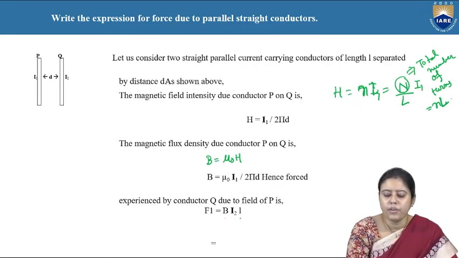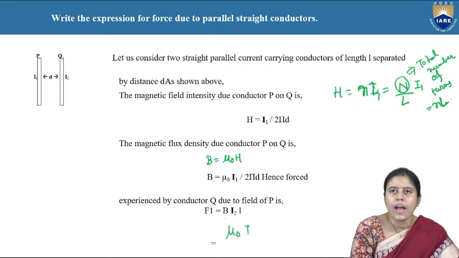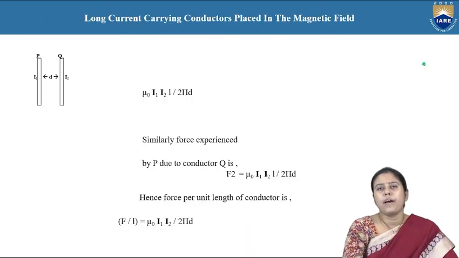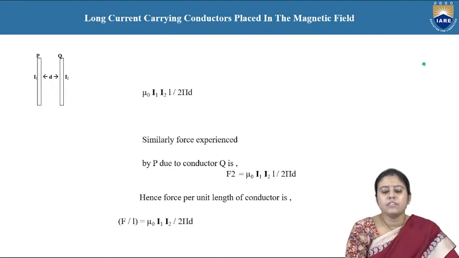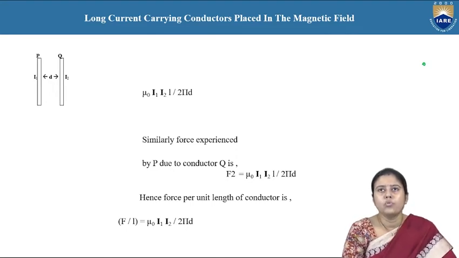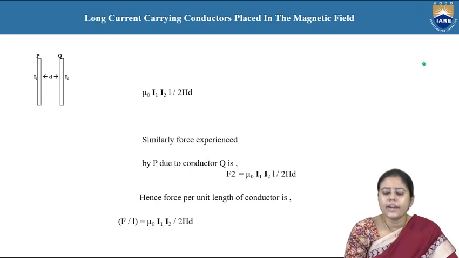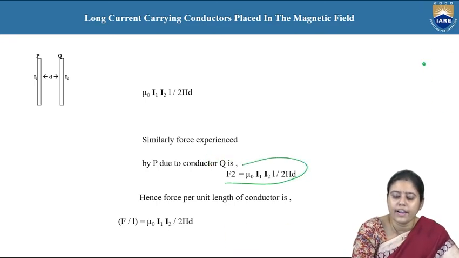B value is mu naught I1 by 2 pi d. I2 into L. So if we put the value, we will get F is equal to mu naught I1 I2 L by 2 pi d. We will get the same force using the second case also.